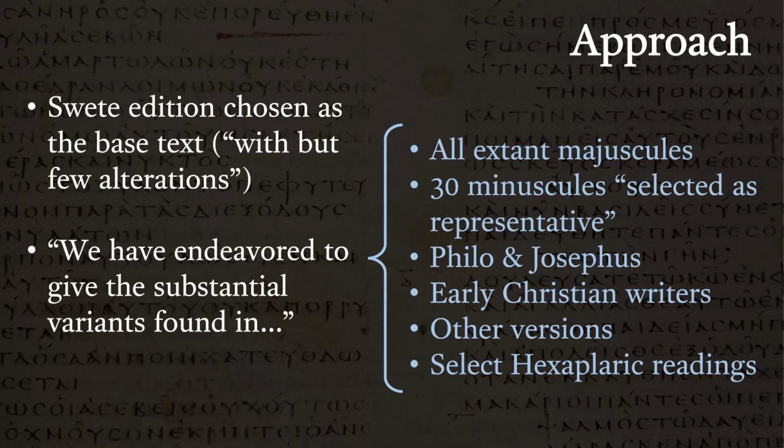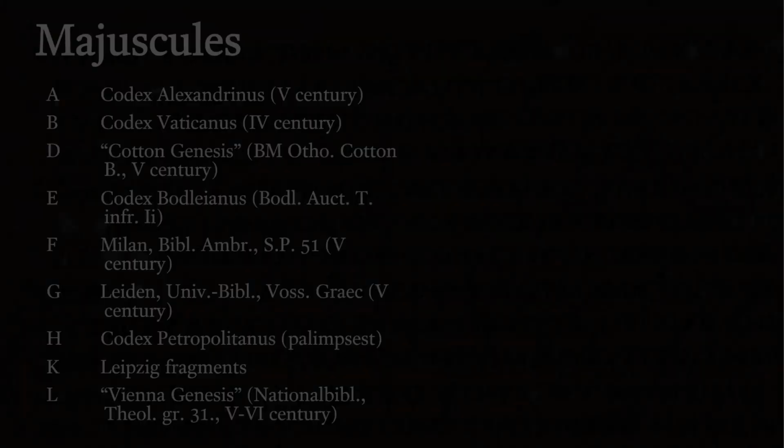I'll show you a list of those in a second. 30 minuscules. Now, this was for the Genesis edition. No doubt they added others as time went on. It's still a smaller number than the Göttingen edition, which is approaching about 100 or more. Philo and Josephus, early Christian writers, the other versions, which we'll talk about in a second, and select Hexaplaric readings. Again, we'll show you that in due course.